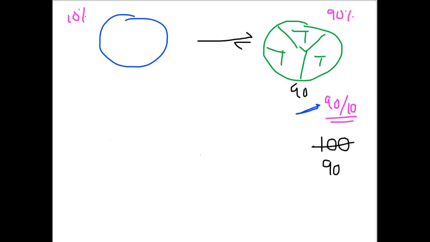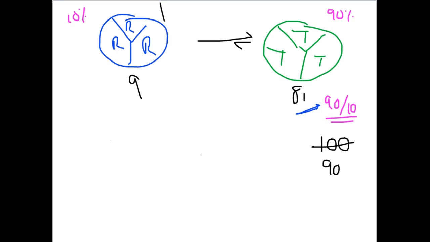So let's shift some of these to the R form. Now we don't have to be so vague as to say some, because we know exactly how many we need to shift. We have to shift 10% of our total. 10% of our total is 9. So now we have 9 in the R form, and if we have 9 in the R form, that means we've cut down our pool of T form to 81.